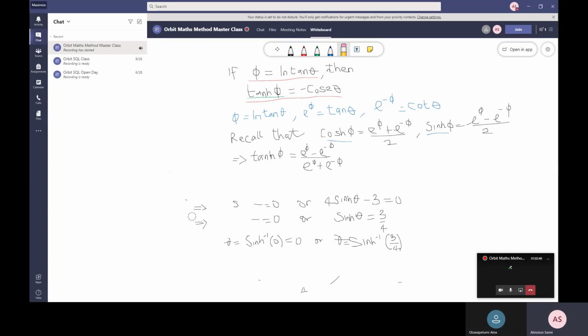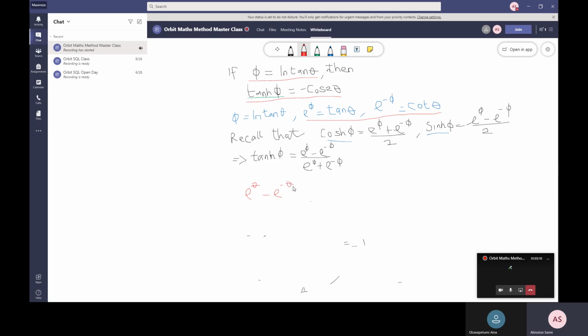So now, from where we stopped, exponential phi minus exponential minus phi all over exponential phi plus exponential minus phi.